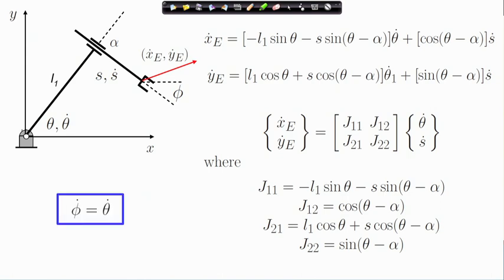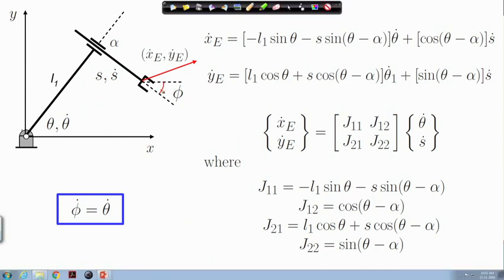Here the orientation rate of the end effector is just the joint rate of the manipulator. This is because the angle alpha is a constant.